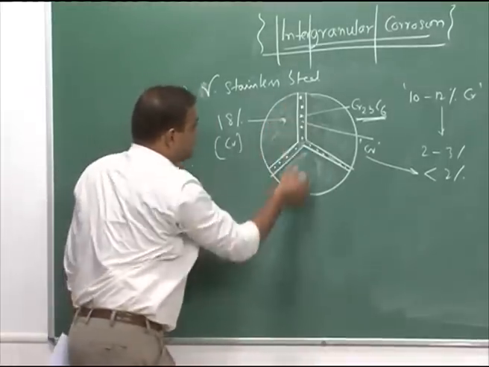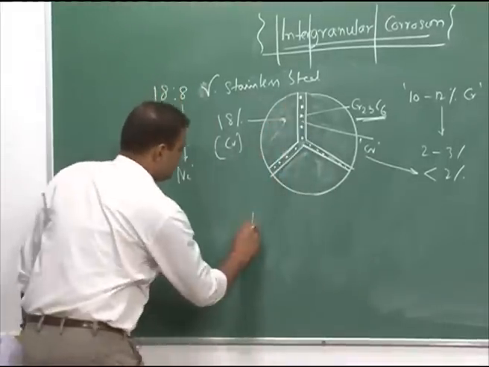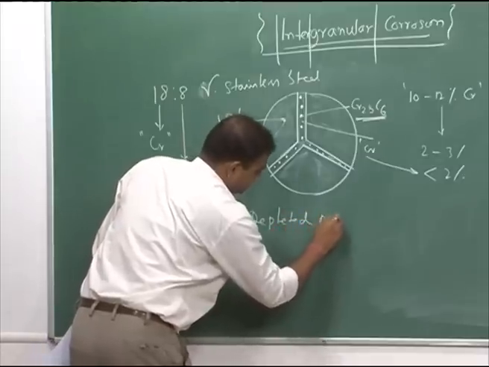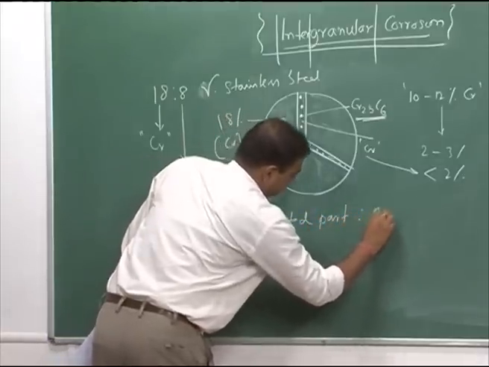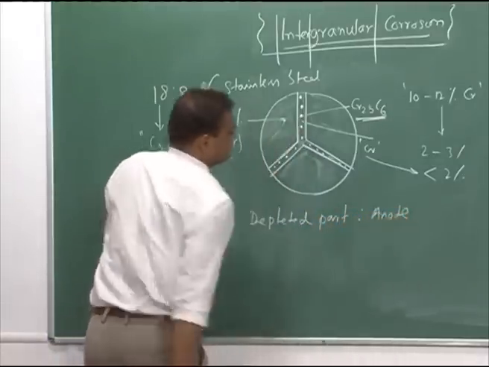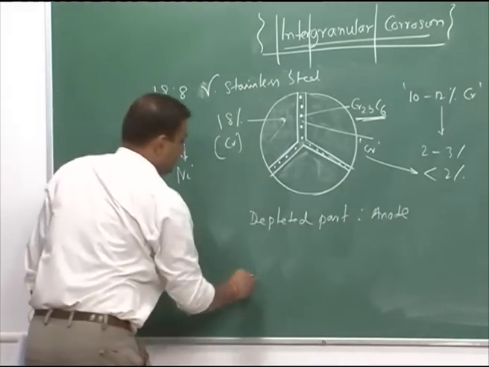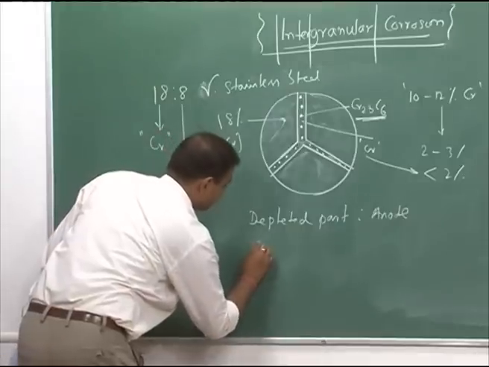So, the depleted part will be anode, and the surrounding regions cathode.